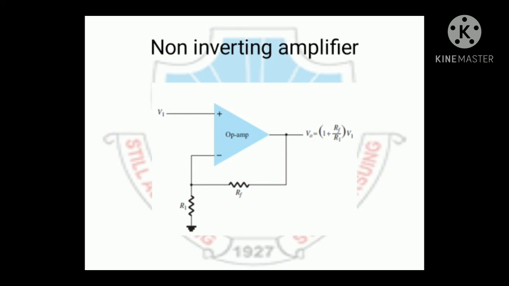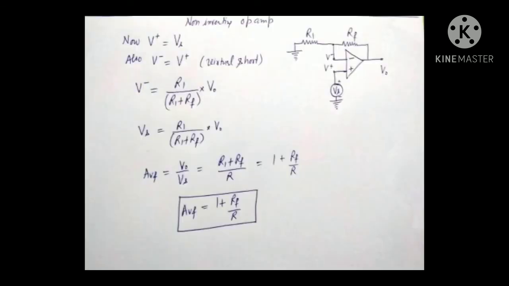But R1 is grounded and the input signal is provided through the non-inverting terminal. That is the only difference. So let us calculate the closed loop gain in this case.